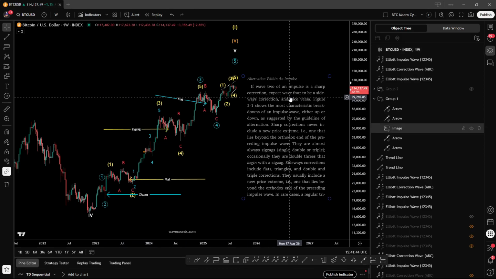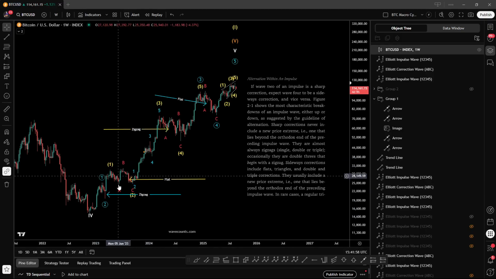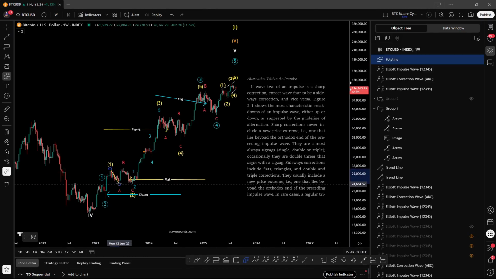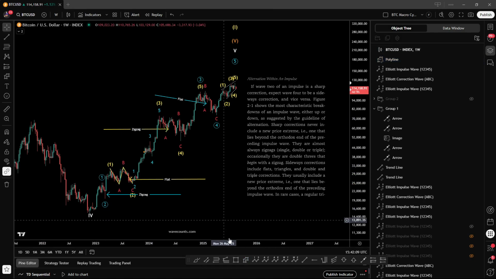That's why it says usually wave 2 is sharp, and vice versa. Okay, so therefore, if the second wave starts as a flat, and we have a new price extreme, look at that, right? One has a new price extreme, and the other does not.